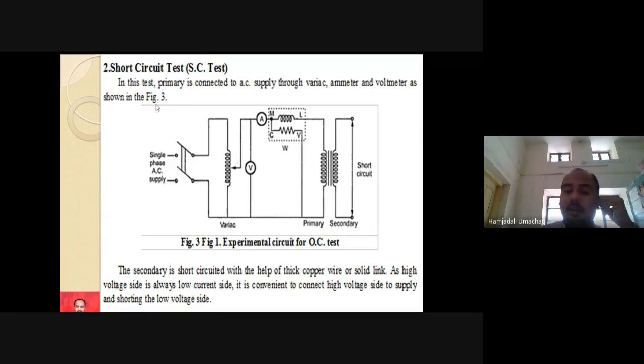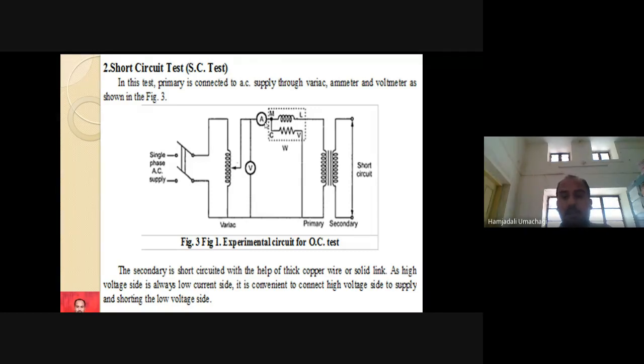Now I should vary this auto transformer until the ammeter reads rated current. You should not apply rated voltage. If you do that, the device may break because of the high current. So the condition to satisfy in the short circuit test is to apply rated current by slowly injecting the voltage. Very little voltage is sufficient to carry the rated current through this ammeter.